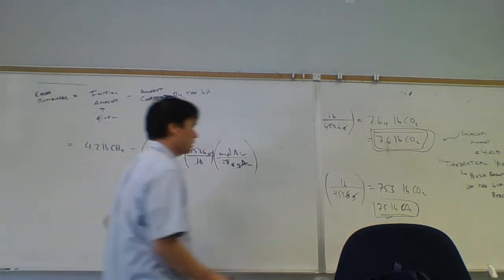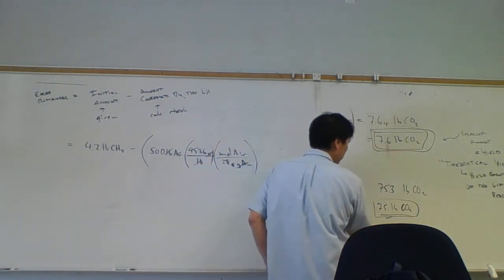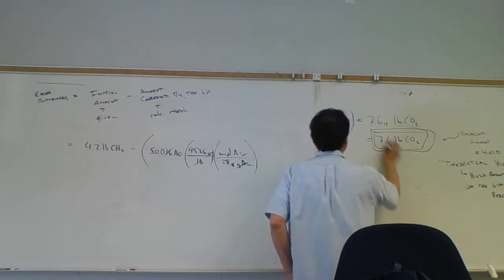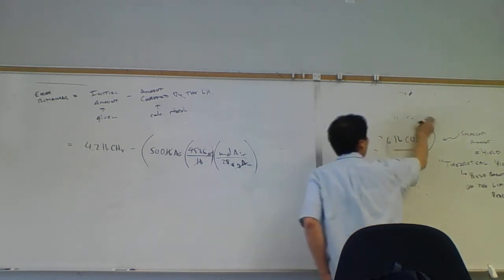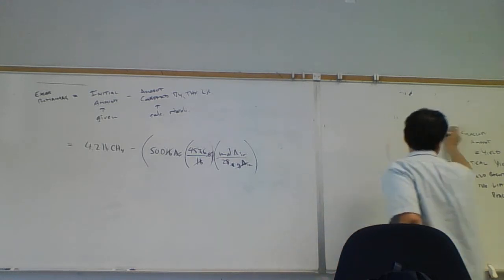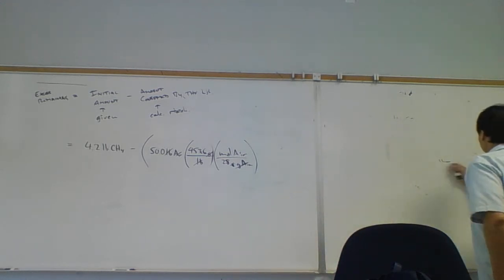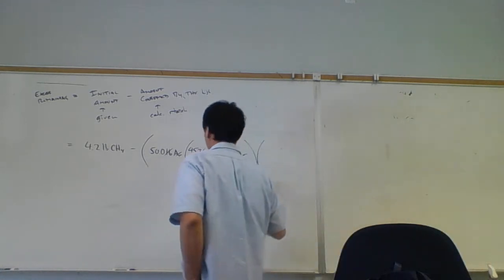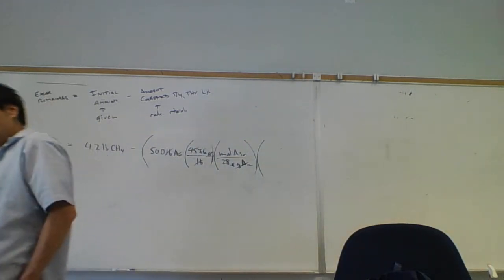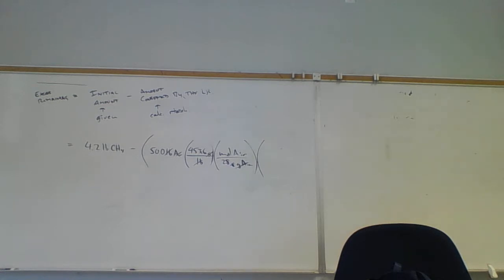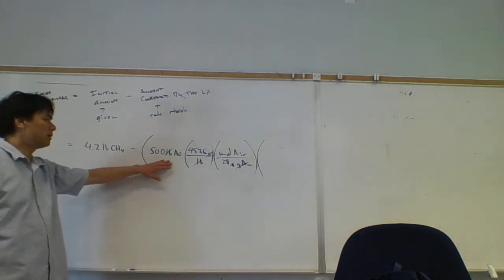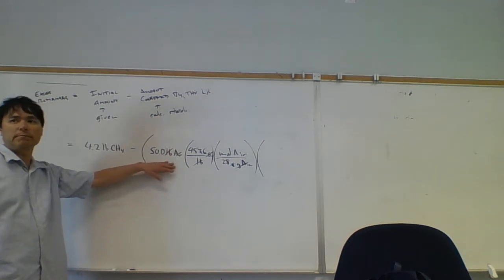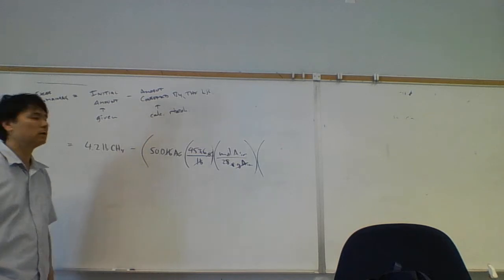We can only go one place with moles of air. Is it amount consumed by the LR, limiting reagent? And so how much, well, we used up all the air, so how much methane did this air react with, being consumed?